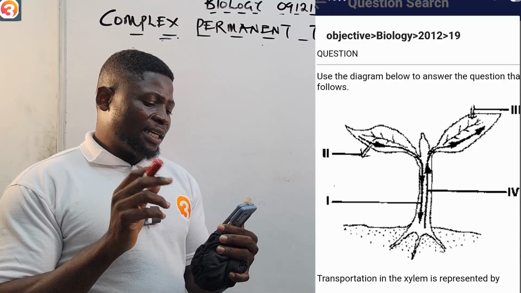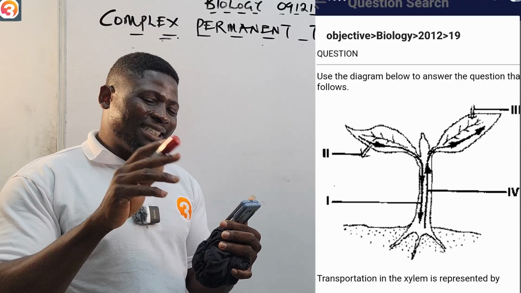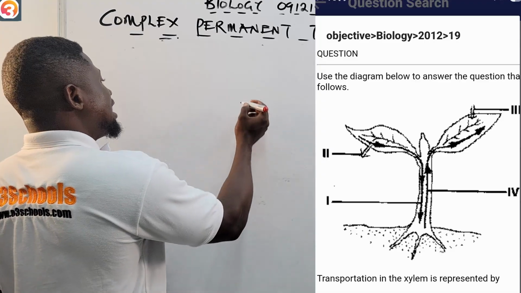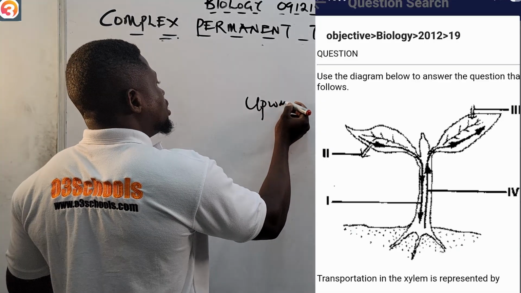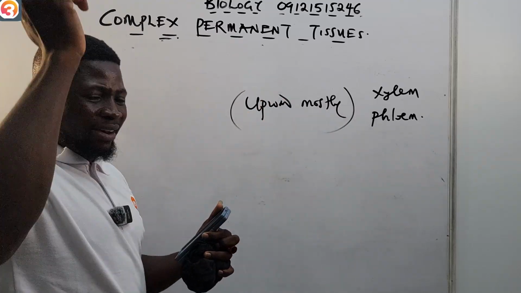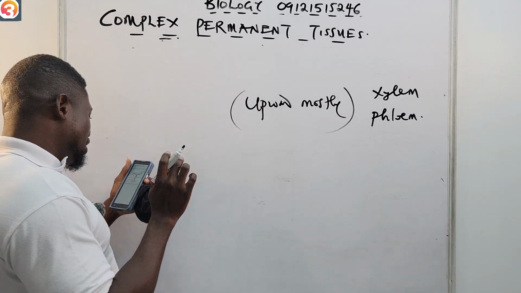2012 number 19 says, use the diagram below to answer the question that follows. Transportation in the xylem is represented by what? We said that xylem transport is mostly in the upward direction. So which of the arrows in this diagram shows the upward direction?